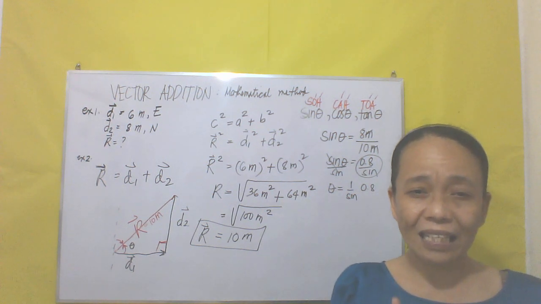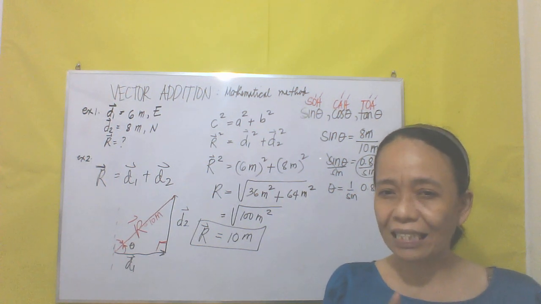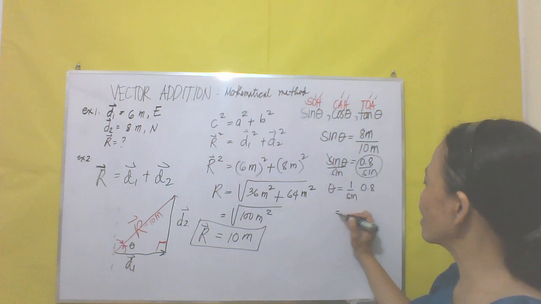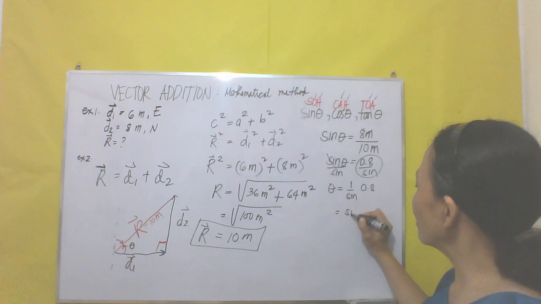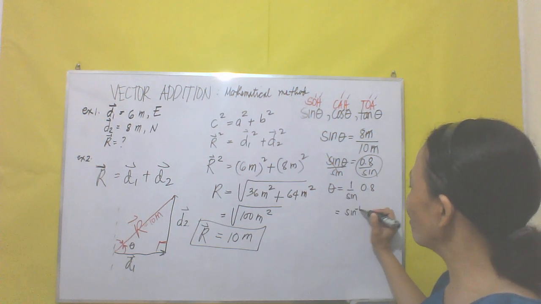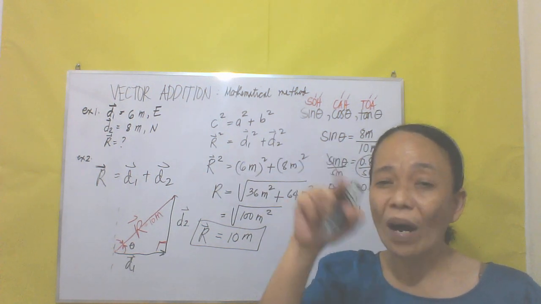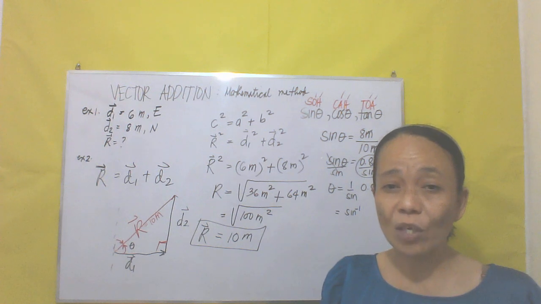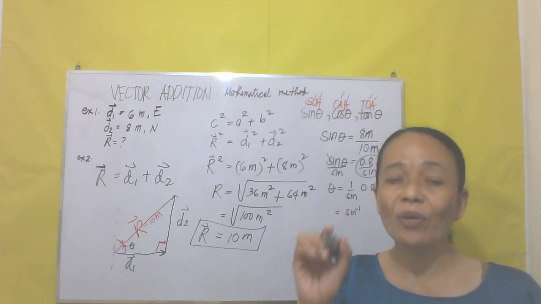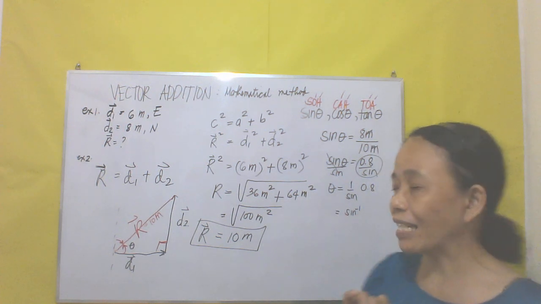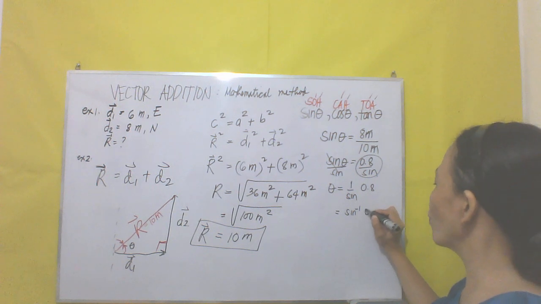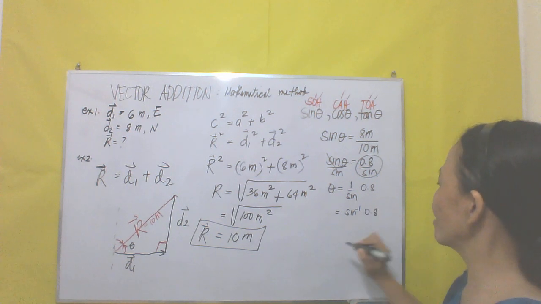But 1 over sine in the law of exponents can be written as sine raised to negative 1, or the inverse function of sine, of 0.8.